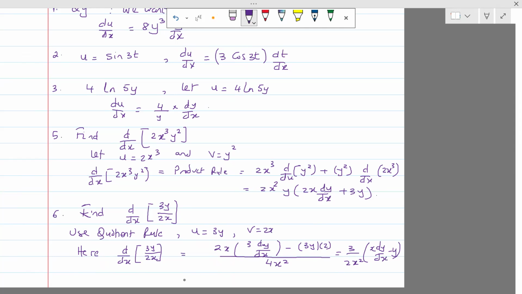Okay, so this is about implicit differentiation.